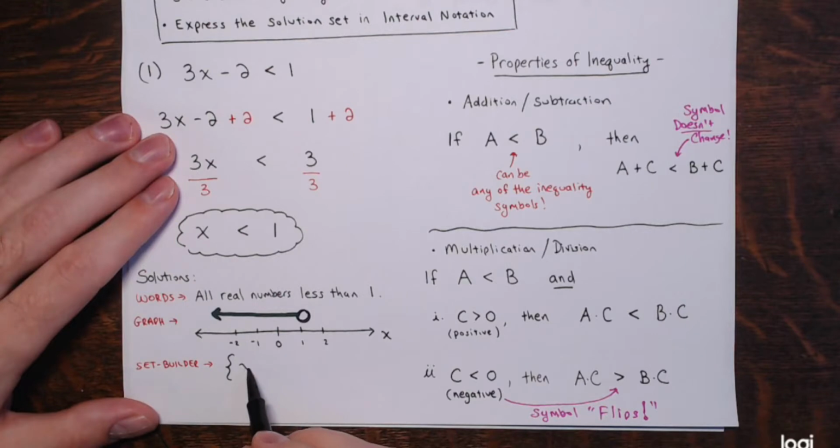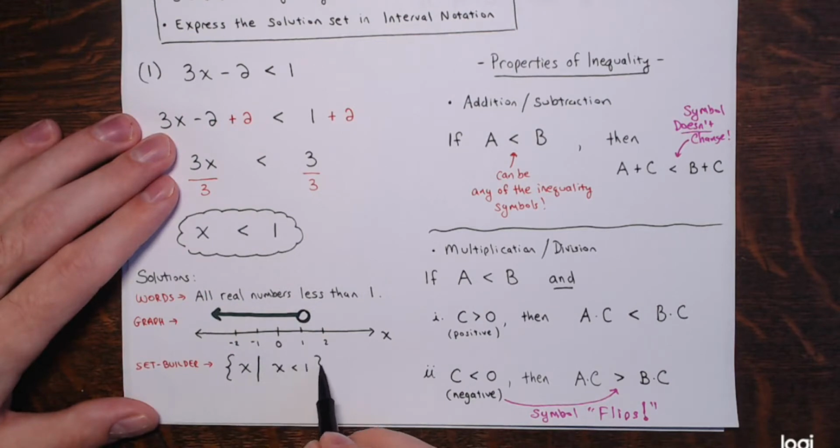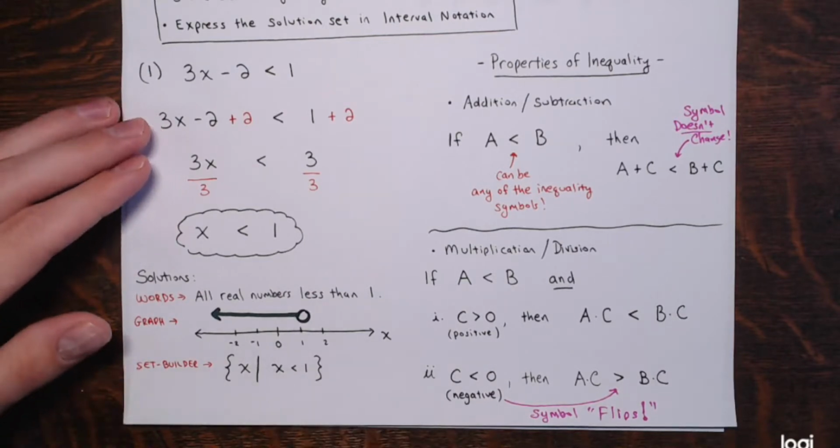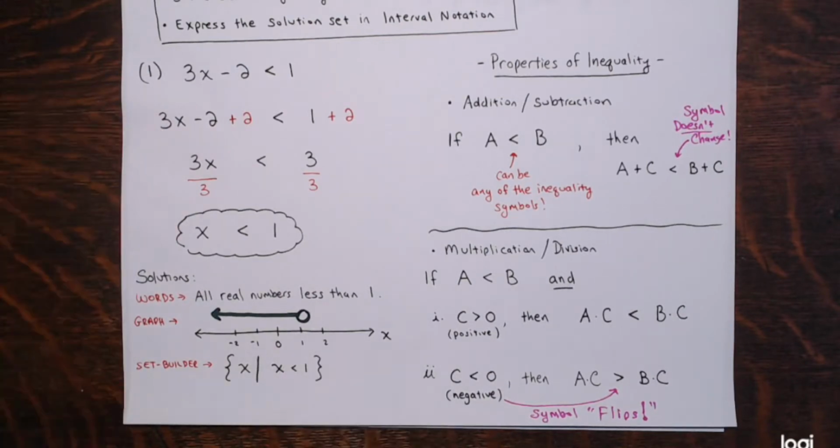The set of all the solutions is all the values of x, and then you put a little bar or a colon to separate the variable from the conditions on that variable. It's all the values of x such that x is less than 1. This is called set builder notation, and again, it's describing the same set as all these other things: all the real numbers less than 1.